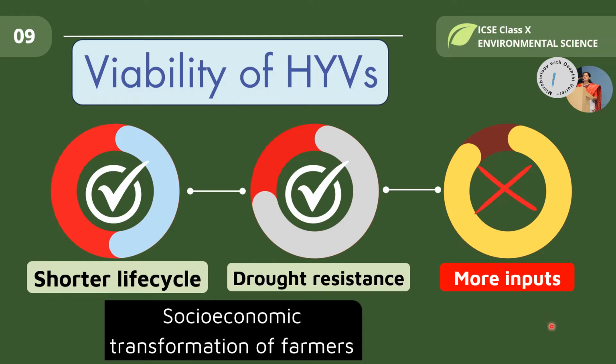So overall, more than the indigenous variety or the native variety, they do need more inputs, which can eventually cause environmental effects, because more use of fertilizers and pesticides can harm the environment. It can cause pollution, it can cause health problems in the farmers. The fertilizers can lead to increased soil salinity.